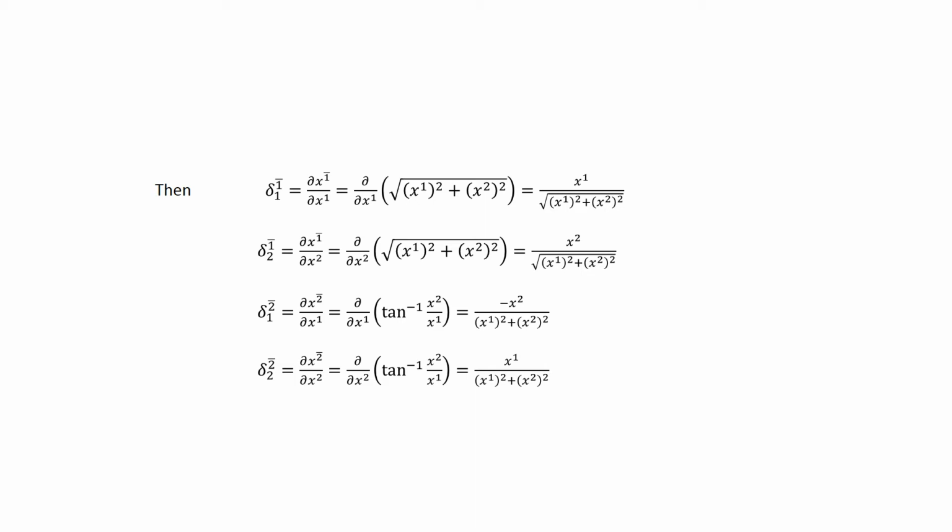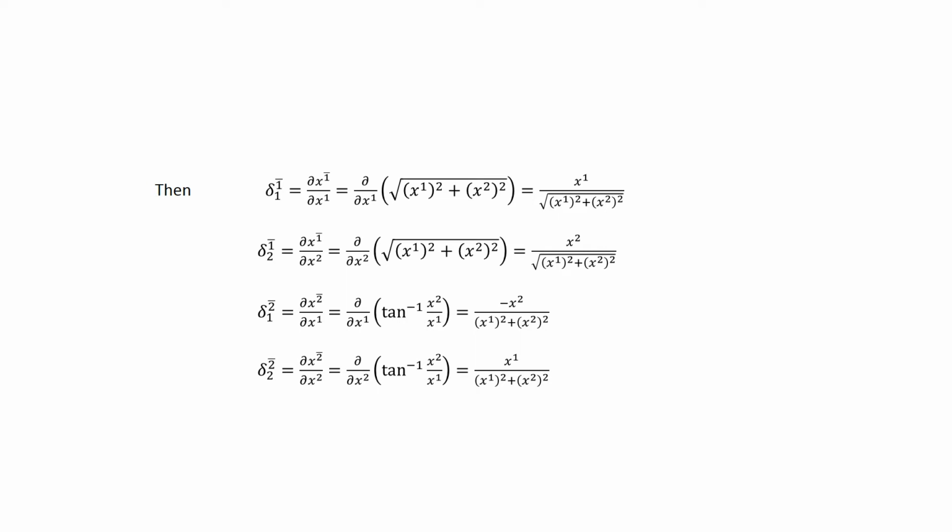X1 bar is equal to the square root of x1 square plus x2 square, and the derivative with respect to x2 is equivalent to x2 over the square root of x1 square plus x2 square. One thing to understand here, this x2 is not x square. Actually this is just a parameter, just like a subscript. It is x2, it is not a square.